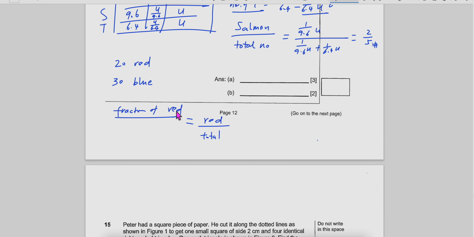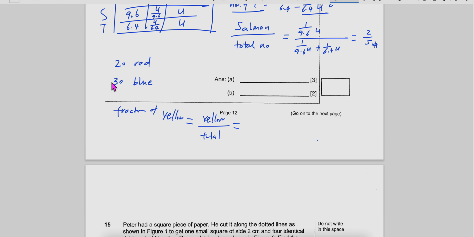If they ask for the fraction of blue, yes, blue over total. If they ask for the fraction of yellow, then it will be yellow over total.